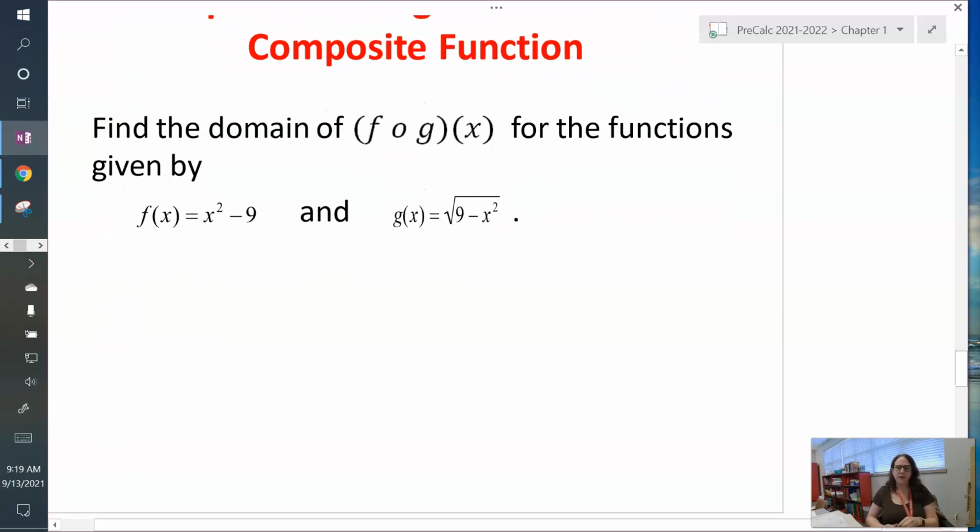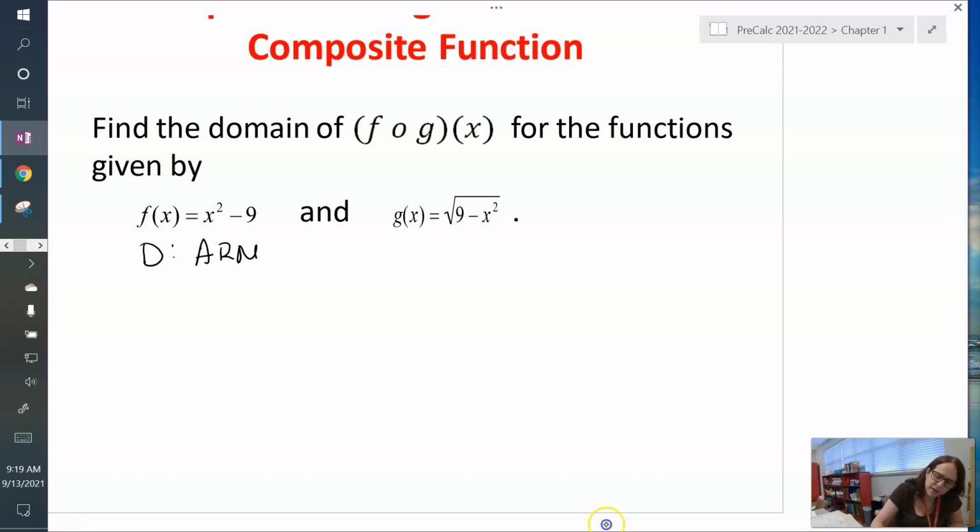So the domain of functions, so the domain of f∘g, you have to make sure that the domain of what you get out doesn't conflict with the domain of what's going in. So for f of x, your domain in this case is all real numbers, because you don't have any dividing or any square rooting going on.